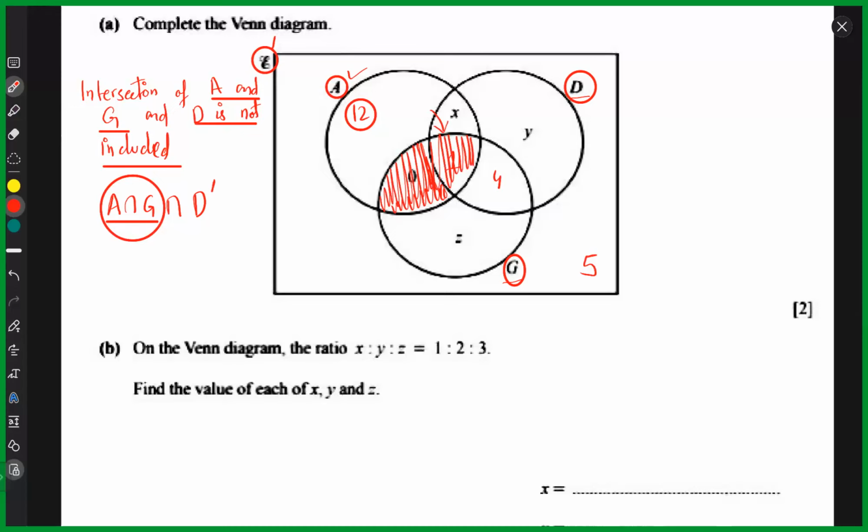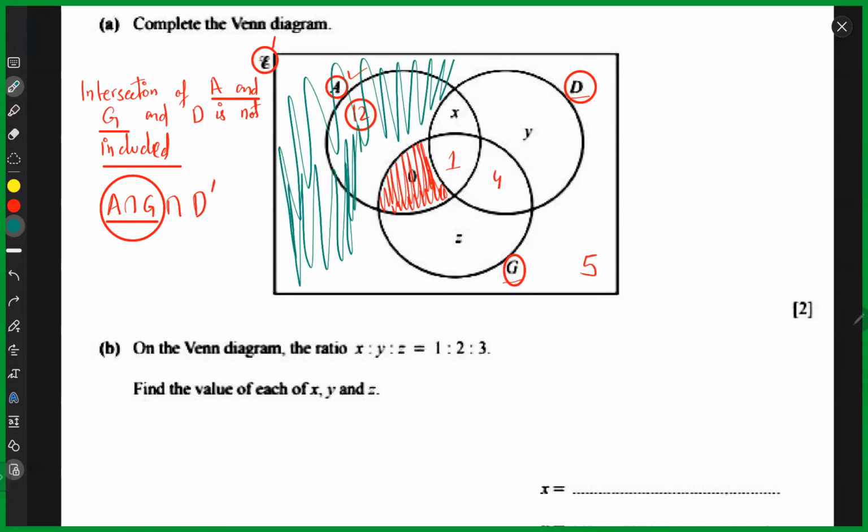Okay, so when I will take its intersection with D complement, it has everything other than D. Let me just shade D complement. D complement is going to have everything except D. Okay, so other than the circle of D, everything would be shaded.